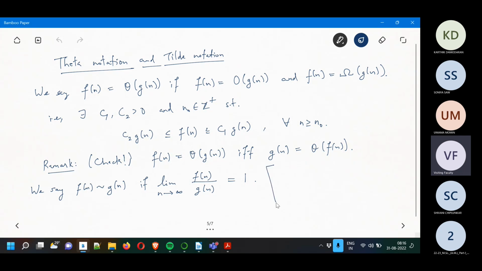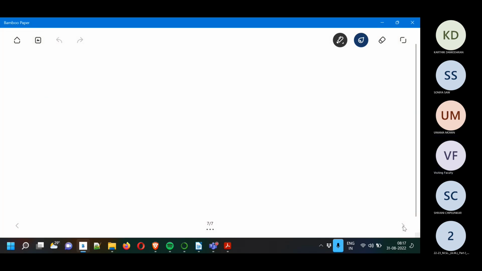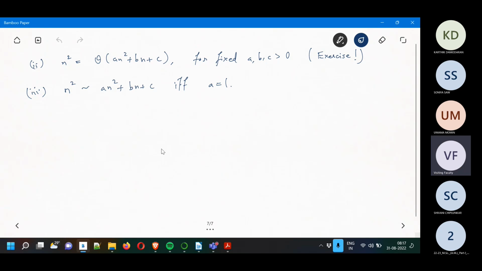So let me write it as a note here itself. Remark: f of n is tilde g of n if and only if g of n is tilde f of n. Okay. Why is this important? It is important because sometimes you can look at the fraction and decide which way you want to take the limit.